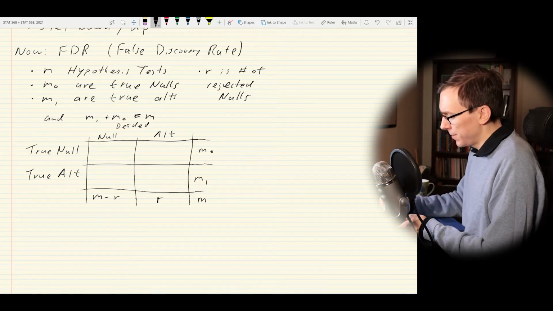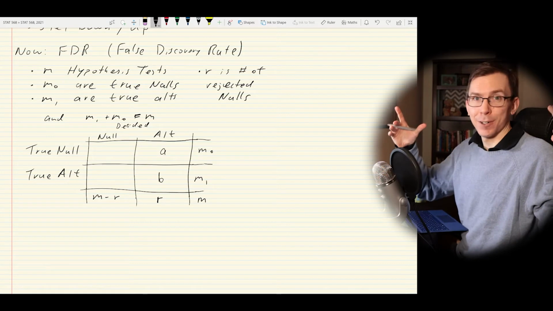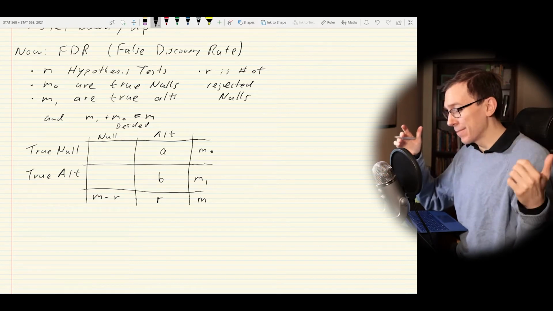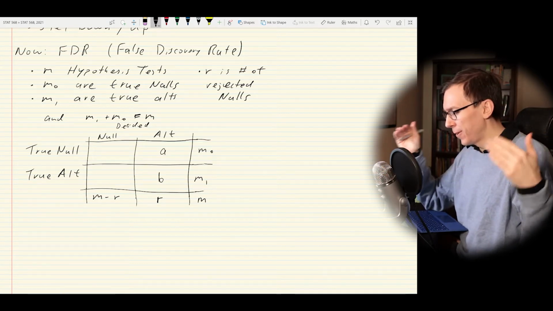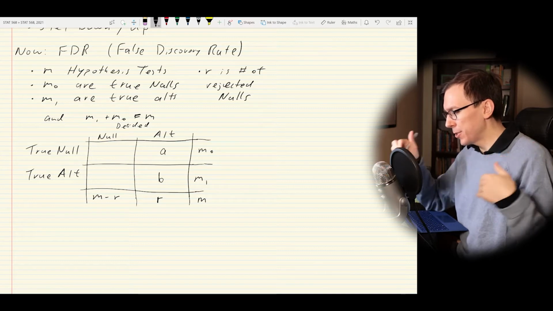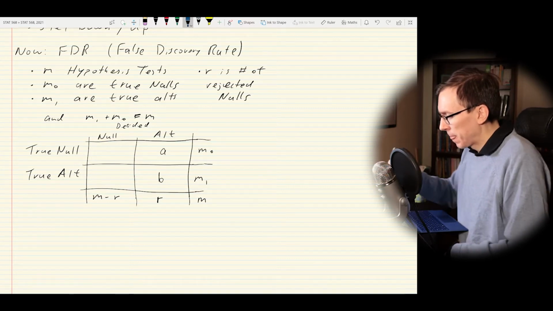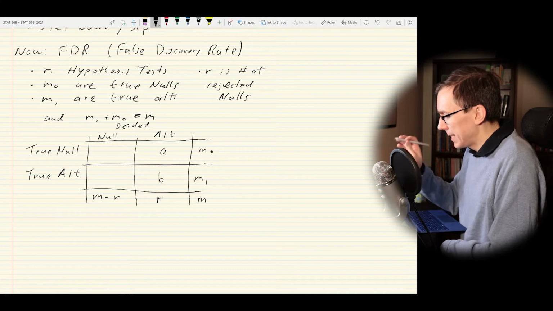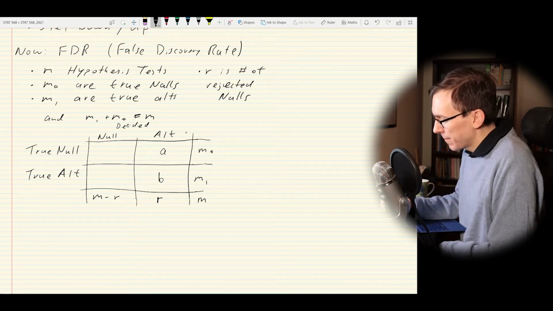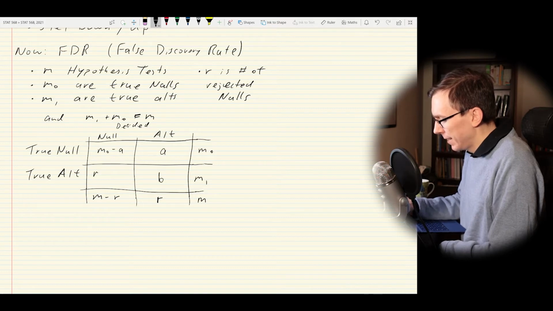So then we're going to use the notation A and B. Of the R rejections that we have, A of them are going to be false rejections, B of them are going to be true rejections. Actually, I'll put that in after I write the other bit. And to make the table sum up correctly, we're going to have M naught minus A and M1 minus B.